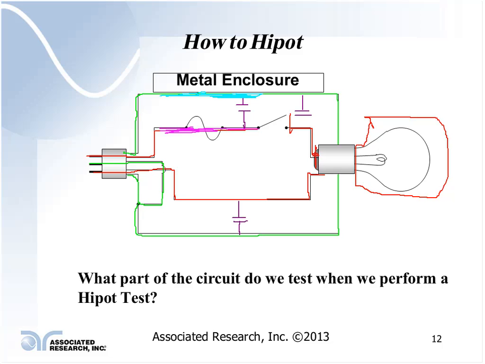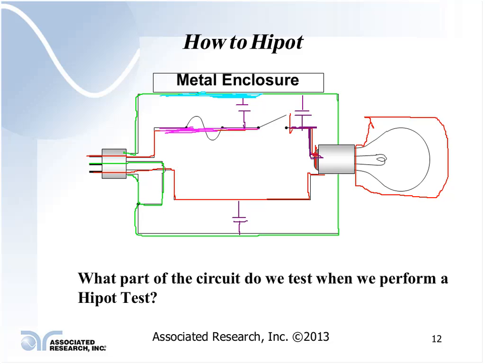Because if this bulb is not there and this switch is not closed, then this circuit is not being tested. That's why it's important that the power switch be in the on position. So we're applying high voltage potential to the hot and neutral conductor simultaneously.